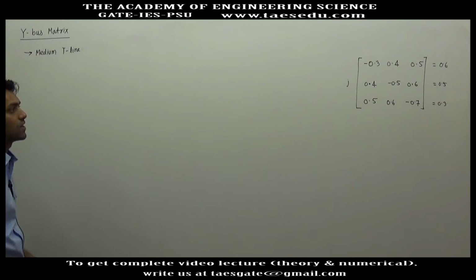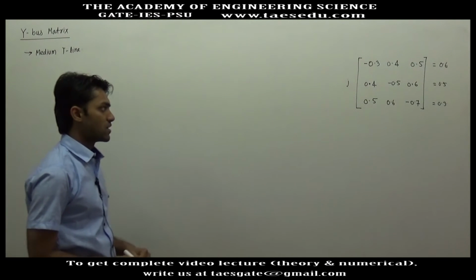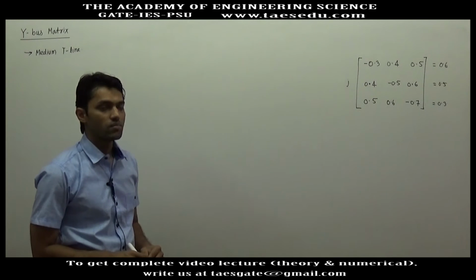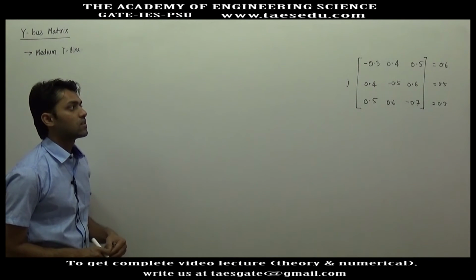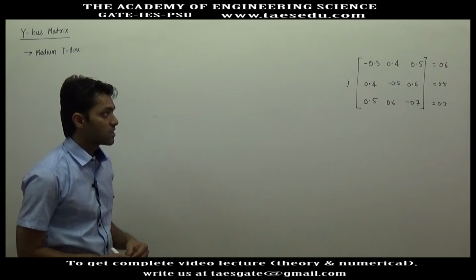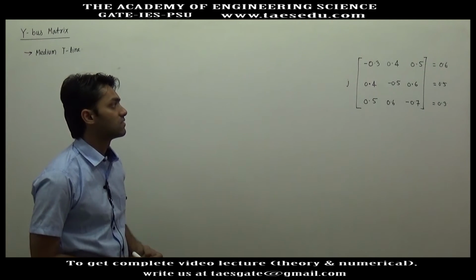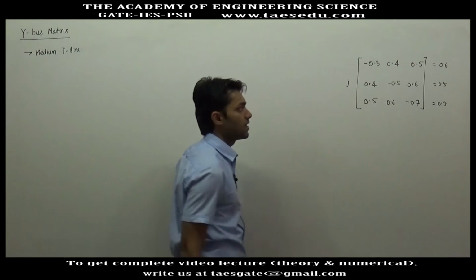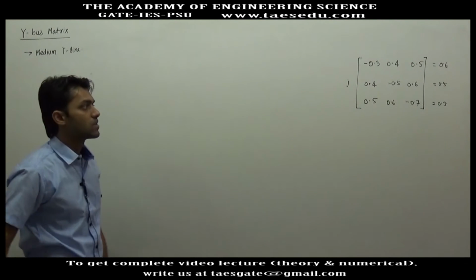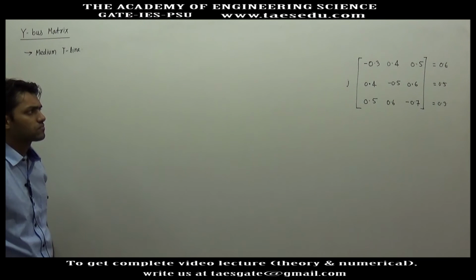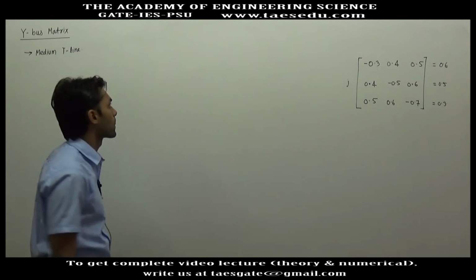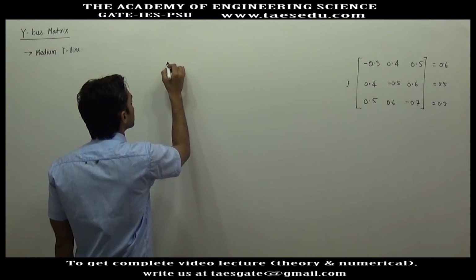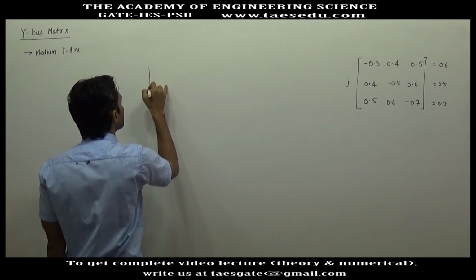Let's say we are given a Y bus matrix of a 3-bus system, and these buses are connected with medium transmission lines. We have the bus admittance matrix given and the buses are connected with medium transmission lines. It is also given that there is a 3-bus system.